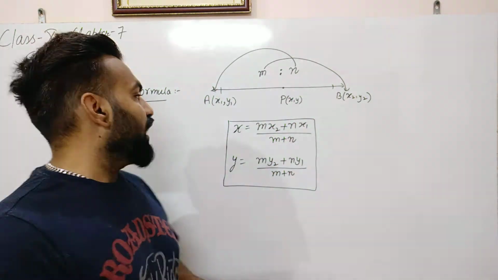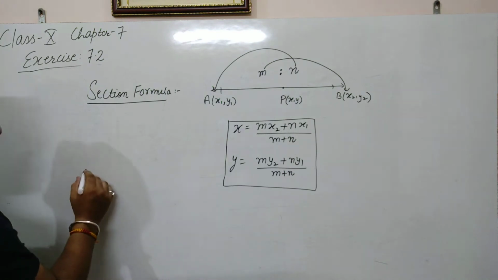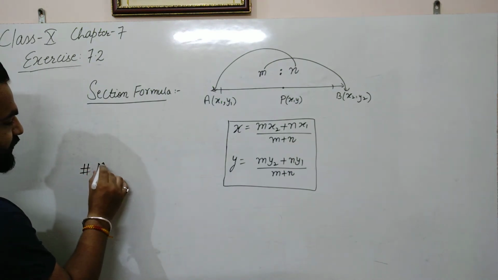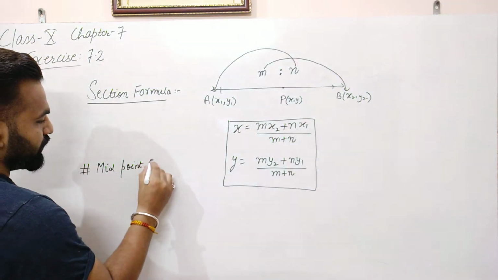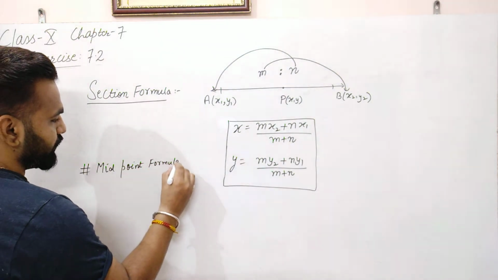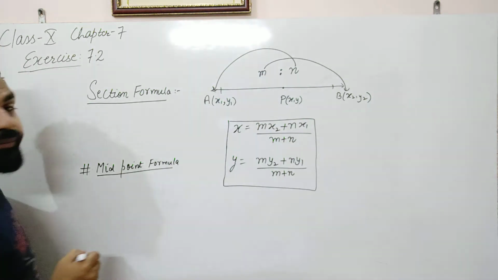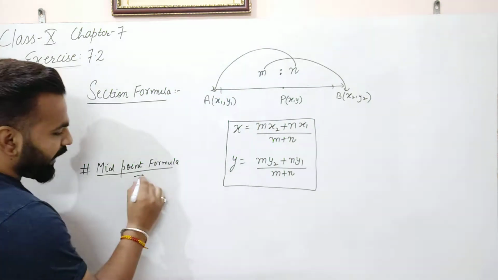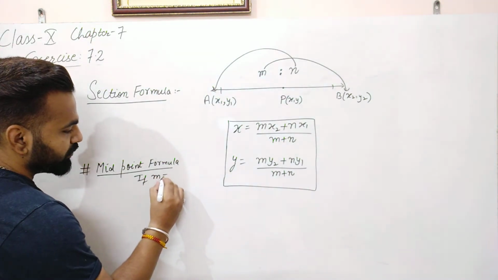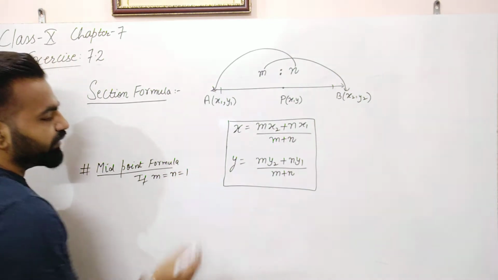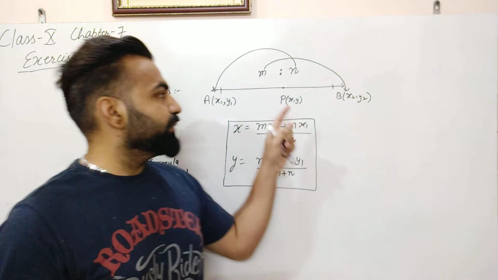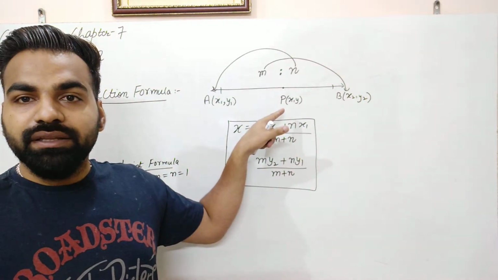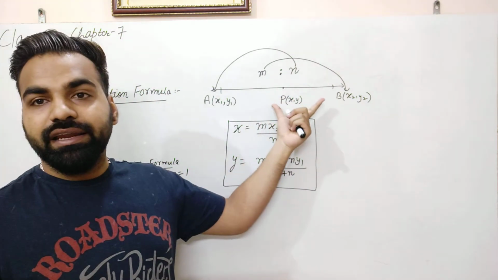Now from this section formula a second formula is derived, which is called the midpoint formula. For the midpoint formula, m is equal to n is equal to 1. If we take the ratio 1:1, this point P will be the midpoint of the line AB.